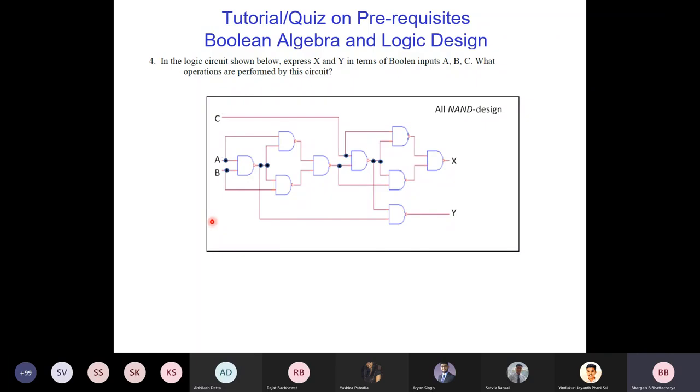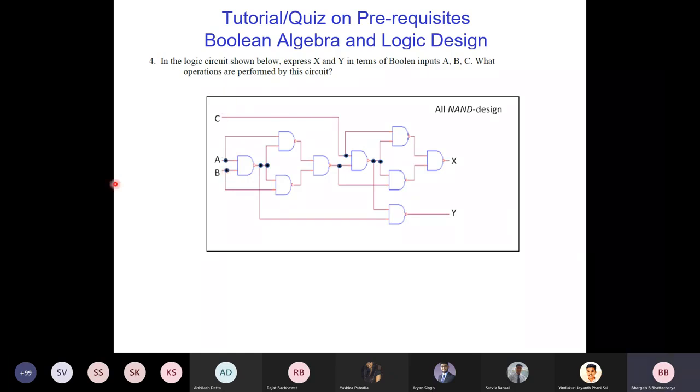And there is another name for it. Anybody familiar with that name? There is an alternative name for A exclusive or B exclusive or C. If out of ABC an odd number of inputs are 1, what will happen? Suppose A is 1 and B and C are 0.